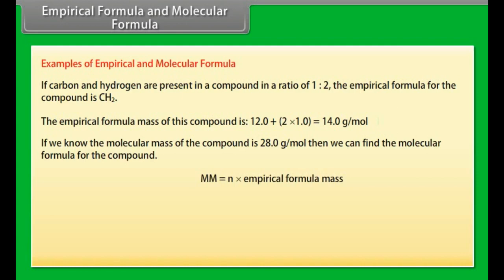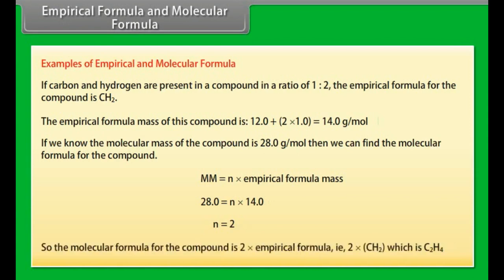Molecular mass is equal to N into empirical formula mass. 28.0 is equal to N into 14.0. So N is equal to 2. So the molecular formula for the compound is 2 into empirical formula, that is 2 into CH2, which is C2H4.